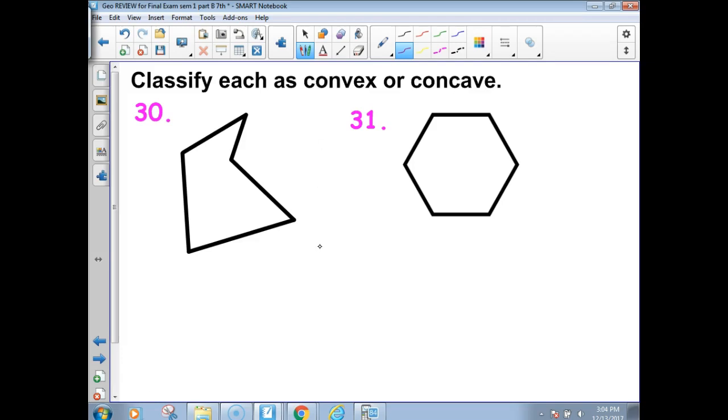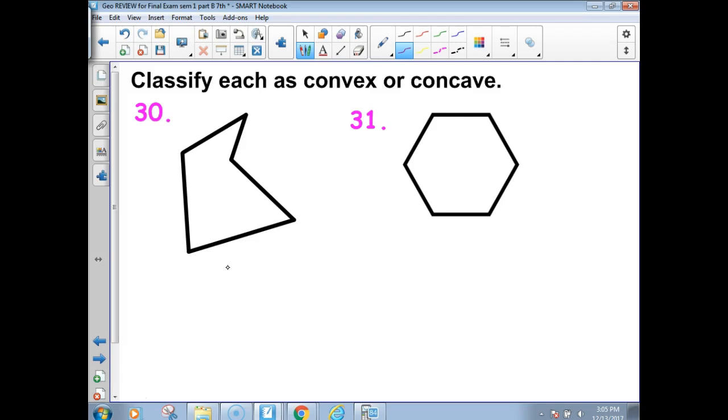Okay, but the formal definition is a figure is convex if no diagonal contains any points outside of the polygon. Okay, this one's convex because every diagonal contains points only inside the polygon. This one is concave because this diagonal right here would contain points outside the polygon.